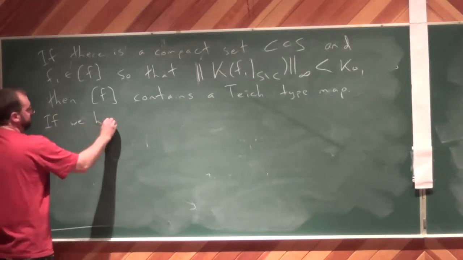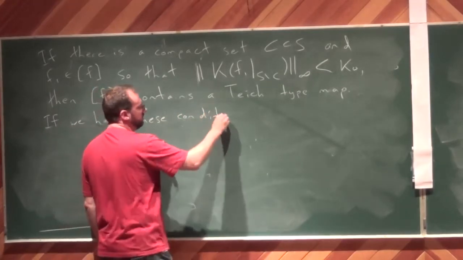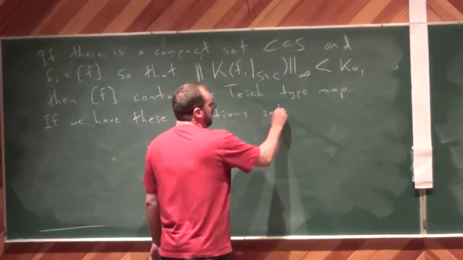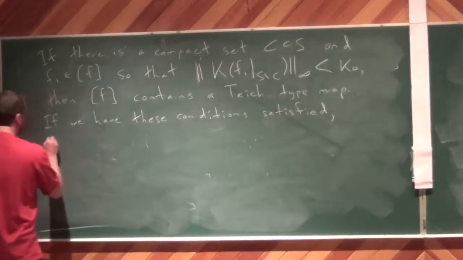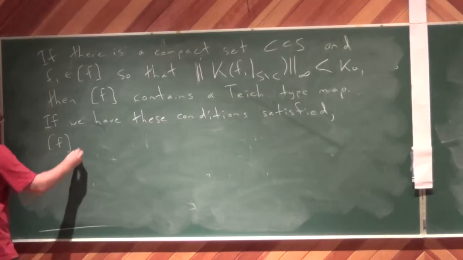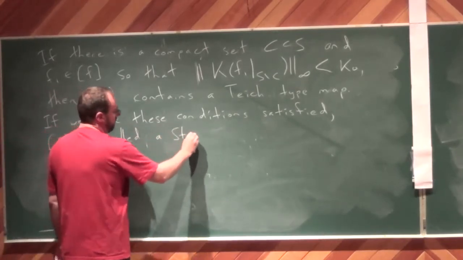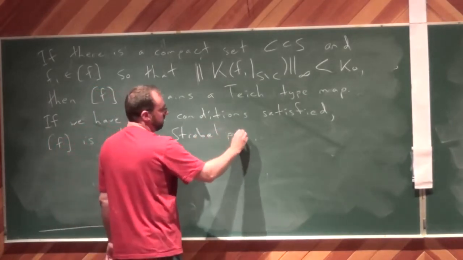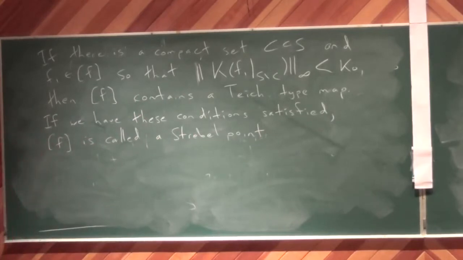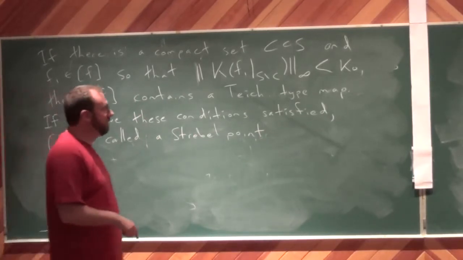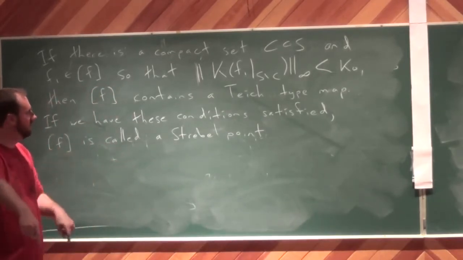And if we have these conditions satisfied, the point of Teichmüller space we have is called a Strebel point. So Strebel points are good. They're points where we have a Teichmüller type map, and that map is uniquely extremal, and it tells us there's a unique geodesic connecting the base point to that point.